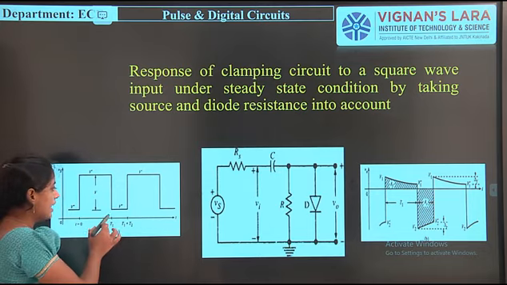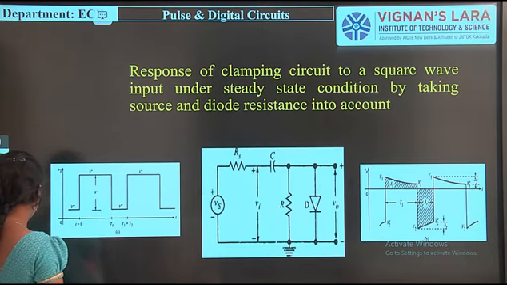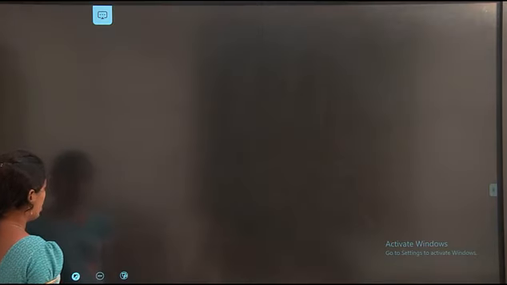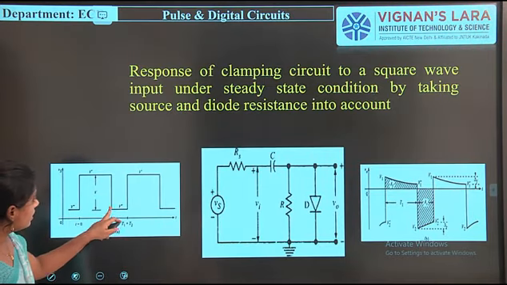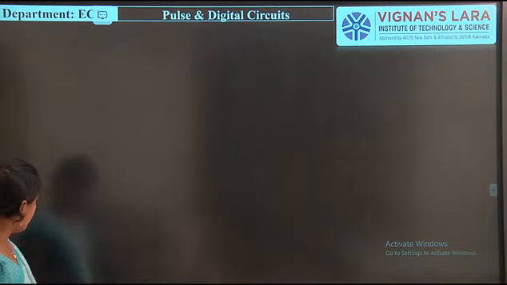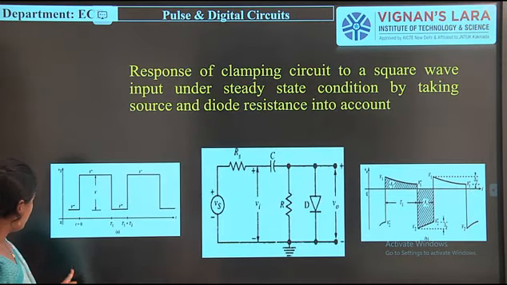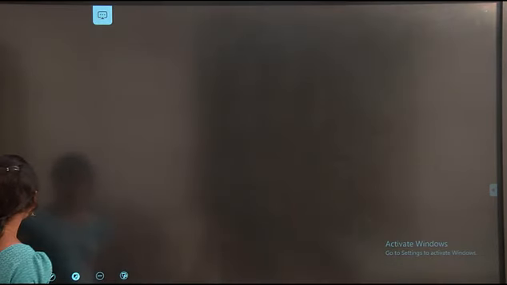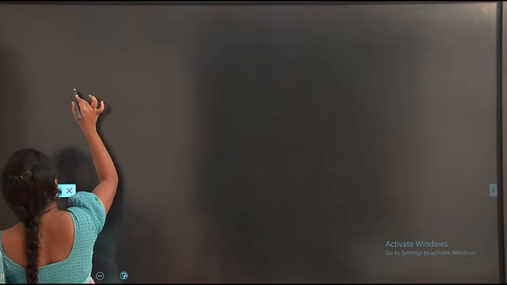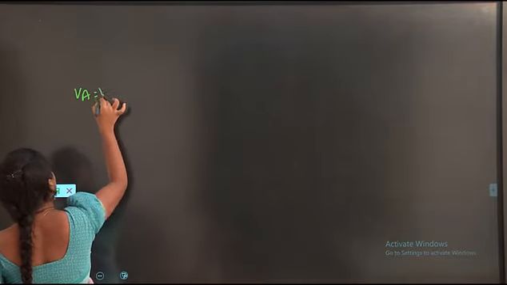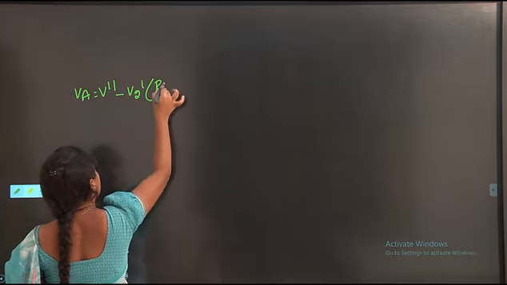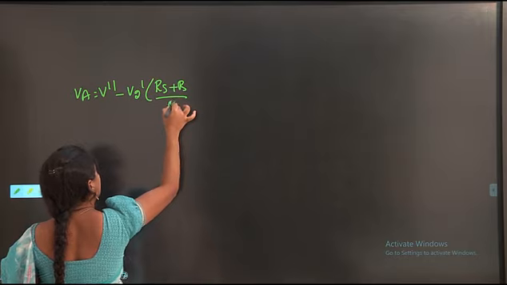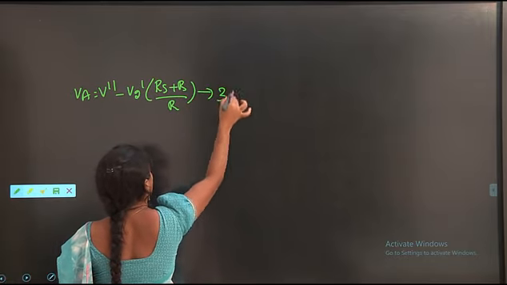So that is at t equal to t1 minus condition. I am using the blackboard. At t equal to t1 minus condition, what happens and what the output waveform is we have to observe. So that is equation number 2: Va is equal to V double dash minus V2 dash by (Rs plus Rf) by Rf.